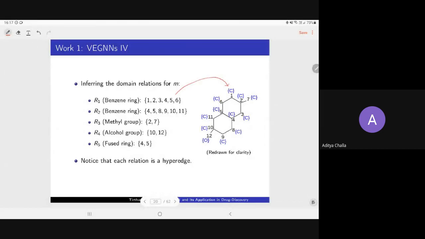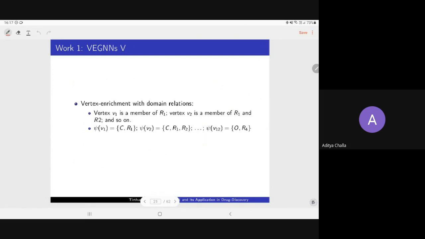Initially, if you do not have domain knowledge, the GNN should be dealing with graphs like these, where the vertex labels are just carbon, carbon, carbon, and so on. Once we have access to symbolic domain knowledge, we update the vertex labels into this. So the C vertex label becomes C, R1, C, R1, R2, depending on whether that particular atom is participating in any domain relation or not.